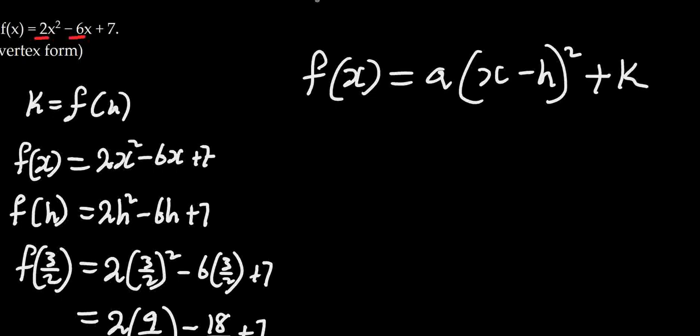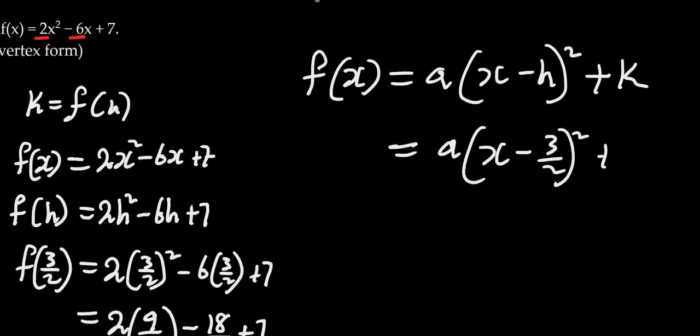And since we have found the value of h and k to be 3 over 2 and 5 over 2, so this will become 2 times x minus 3 over 2 squared plus 5 over 2. So from the given function, a is 2, as you can see over here.